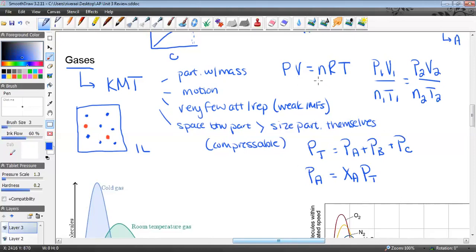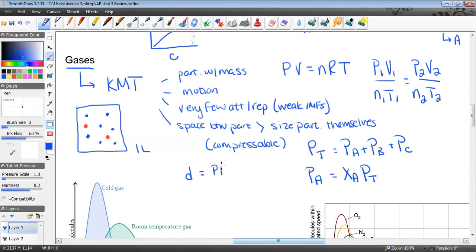And then lastly, we can get the density of a gas by rearranging PV = nRT. So the density of a gas, which is like moles over volume or mass over volume, is equal to n over V. Sorry, I know I did that wrong. I shouldn't try to derive things in my head.